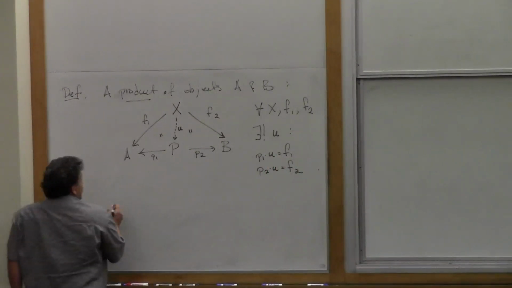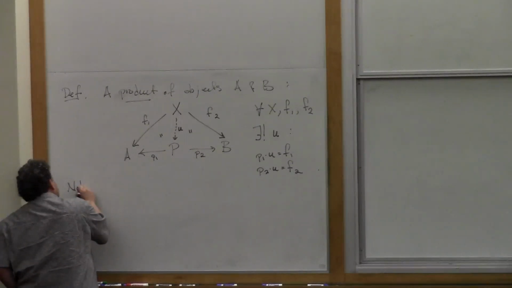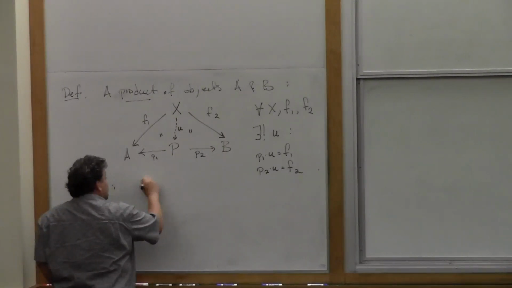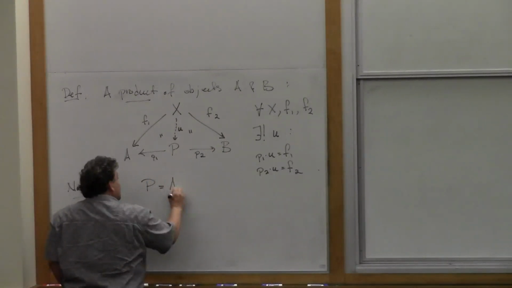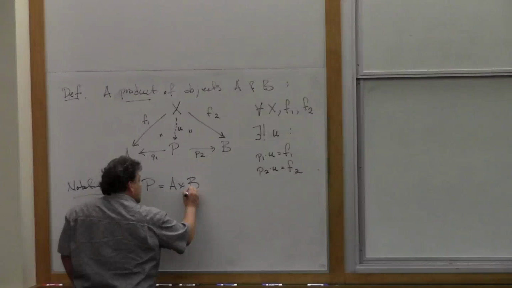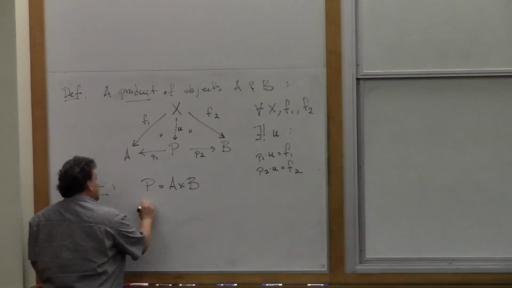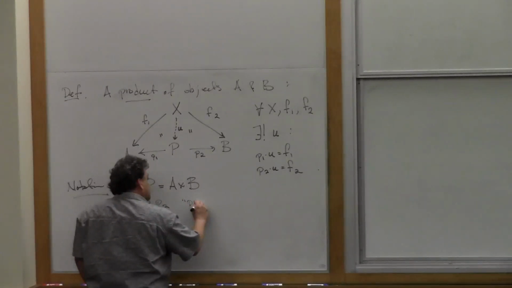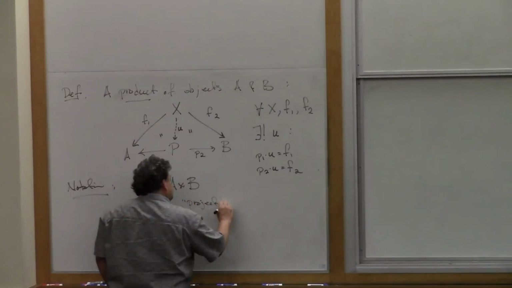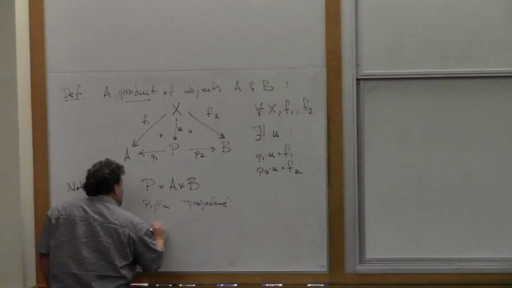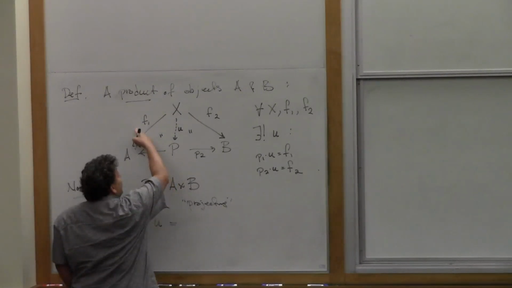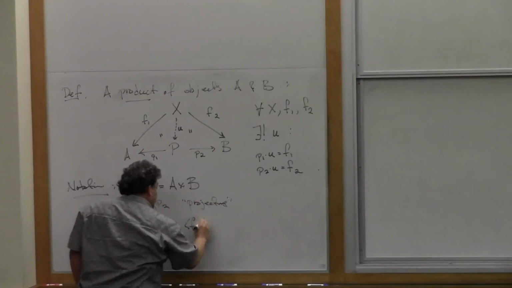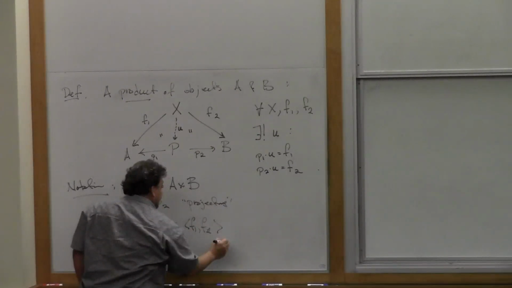Now just a little bit of notation. When we have a product like that, we usually write P with the usual Cartesian product notation, and we call these things the projections. P1, P2 are called projections. Then we write the unique map U, determined by F1 and F2, in the form ⟨F1, F2⟩, using the pairing notation.